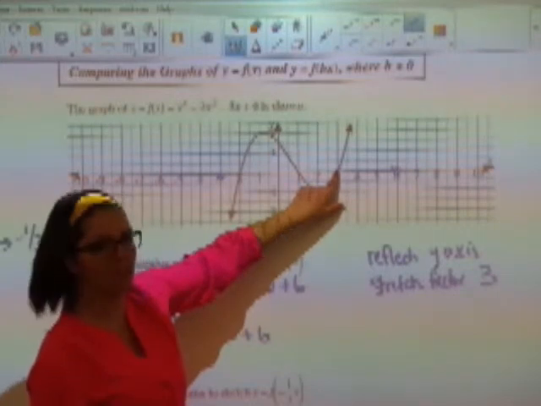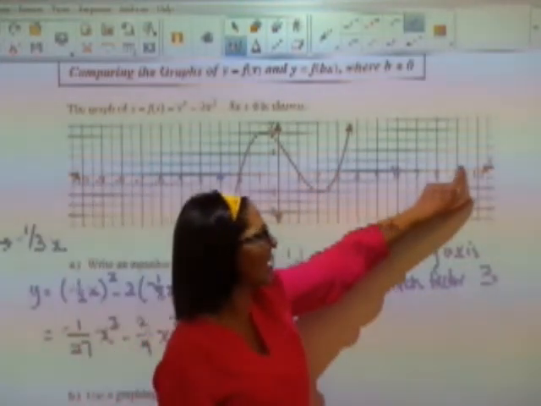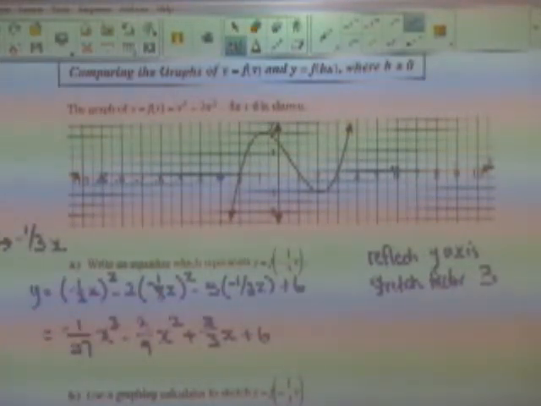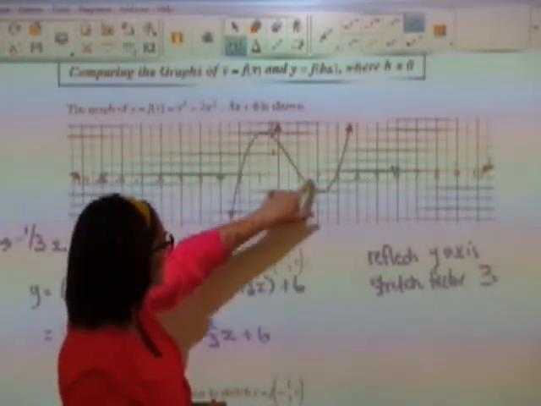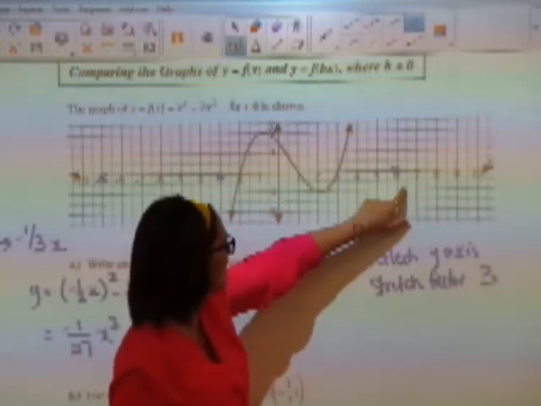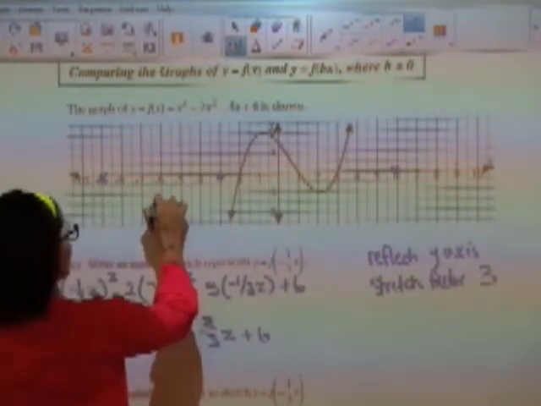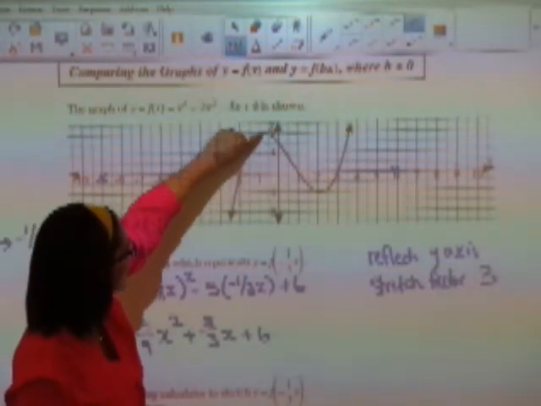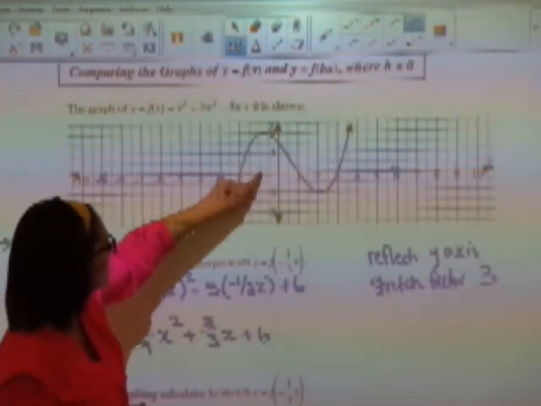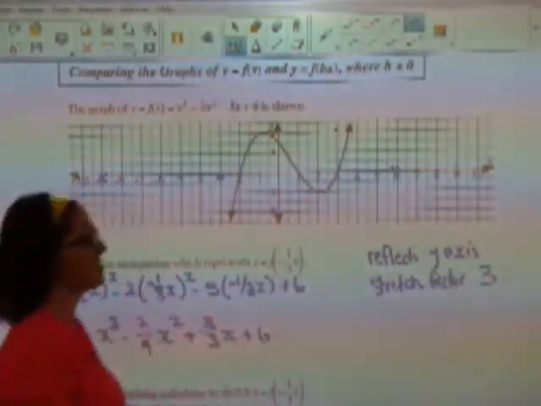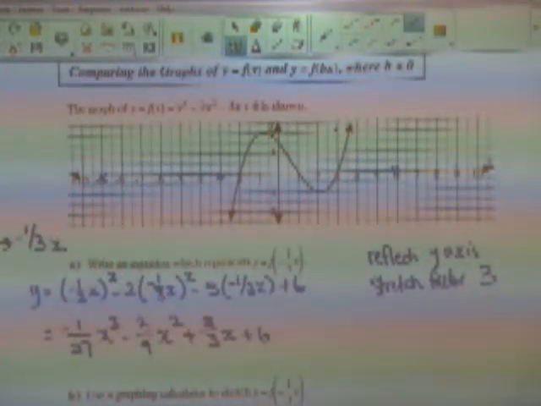My point of 3 stretches to 9, reflects to negative 9. And then these 2 points in here, this looks like maybe about a 2, stretch to 6, reflect to negative 6. And then this final one that looks like maybe it's about at negative 1, would stretch to 3 and then reflect to positive 3. Just so that I can have something to connect my dots with.